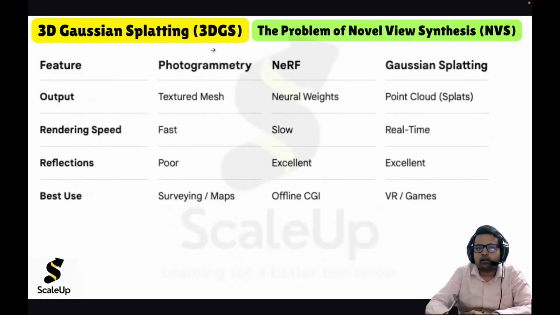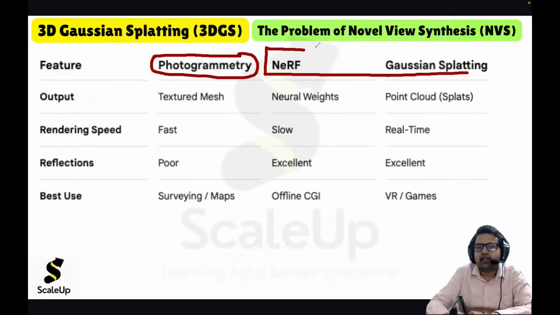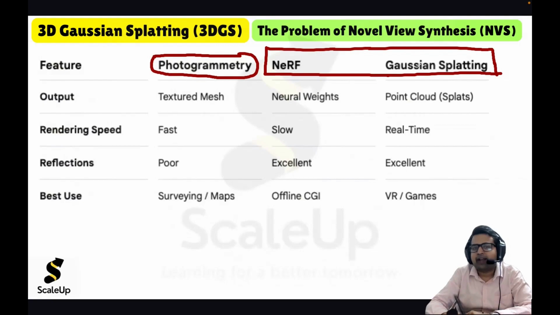If we compare the classical approach with these two AI driven approaches, we will discuss the AI driven approach in great detail, and this lecture is about Gaussian splatting only, so that we'll also discuss very soon.